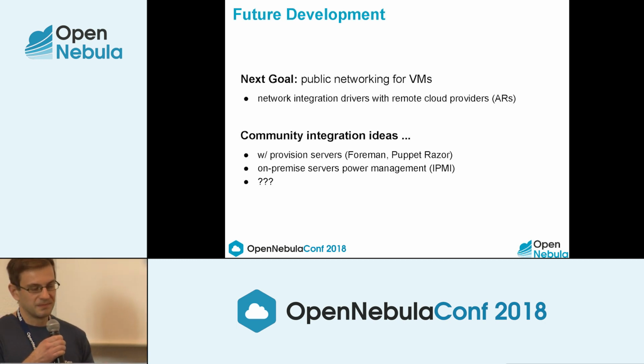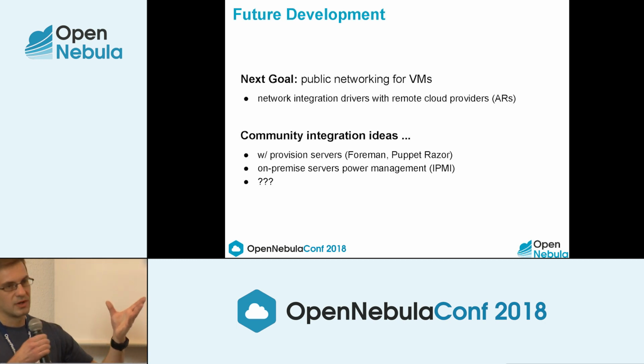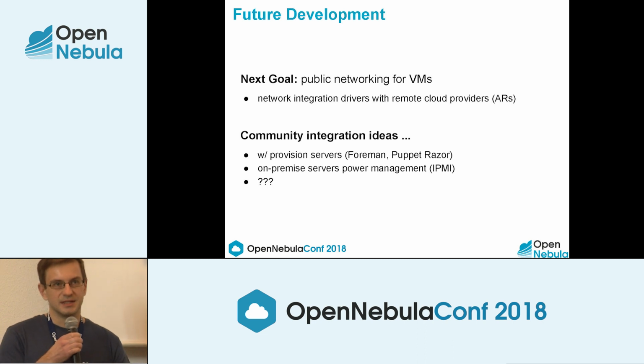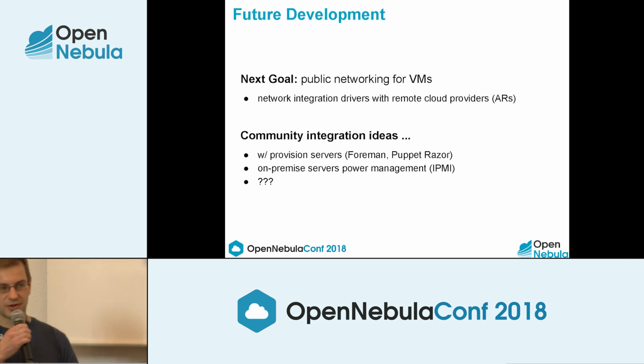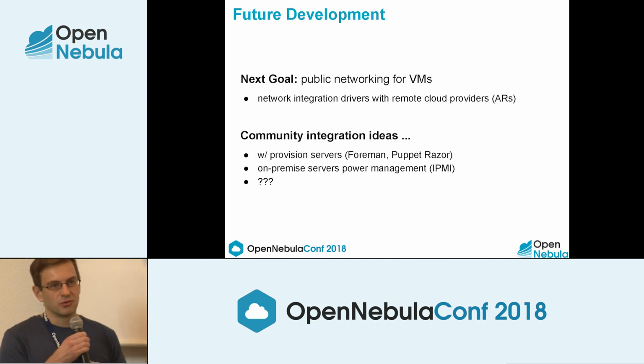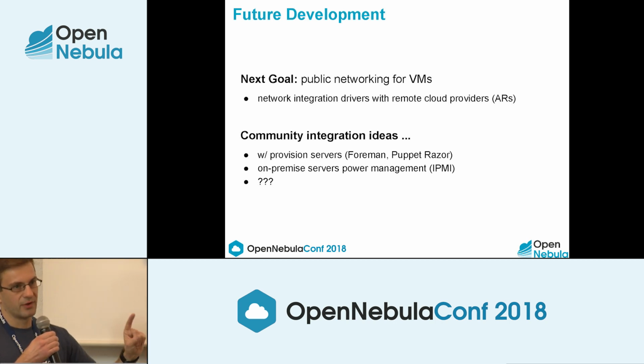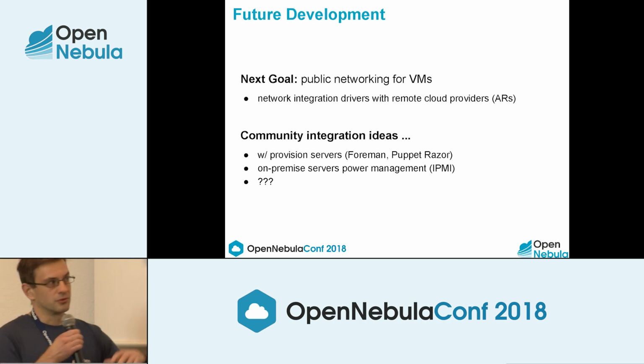These are more, let's say, enterprise use cases. If you are not interested in extending your cloud into public cloud providers, you can think about this tooling, which will be available in the next release, as a framework you can extend for your use cases. Basically, instead of talking to a public cloud, talk to your provision servers.